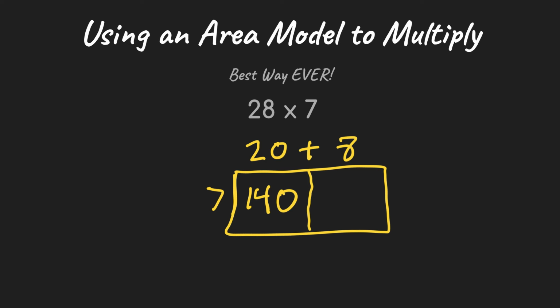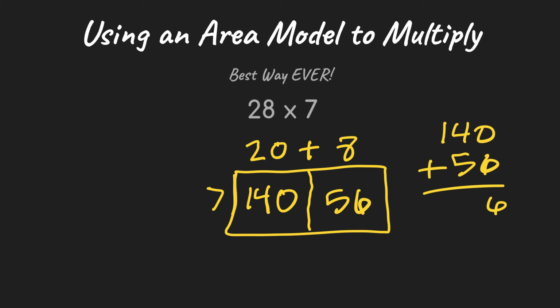I'd have to go to 5 times 8 and then do 2 more 8s. But now I'm pretty good. 7 times 8 is 56, I think. Double check me. So I'm going to add 140 plus 56. I could do that in my head, but if you can't, we're just going to draw it over here. 0 plus 6, 5 plus 4, and we get 196.